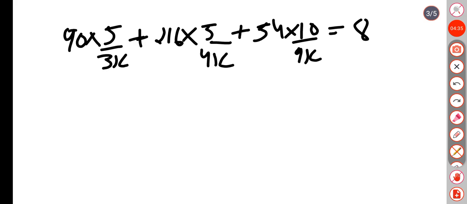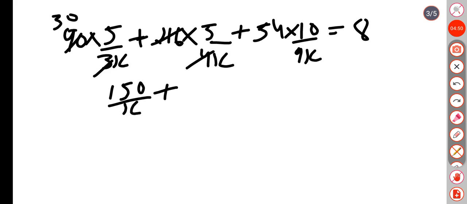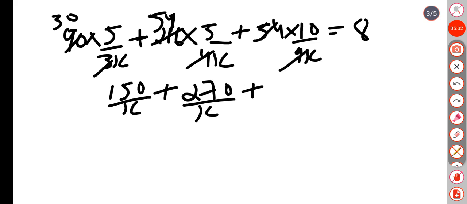Now you can cut them. 330, so 150 by x plus 4, 5, so 270 by x plus 60 by x.